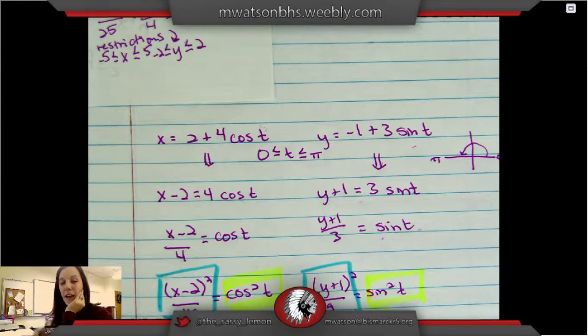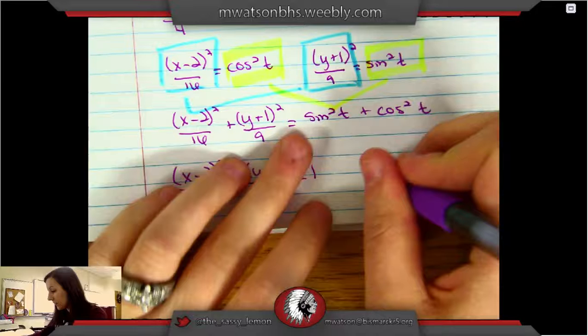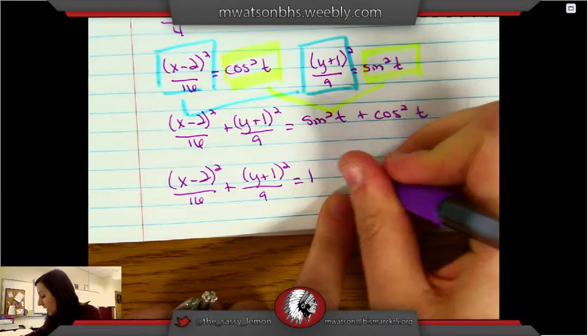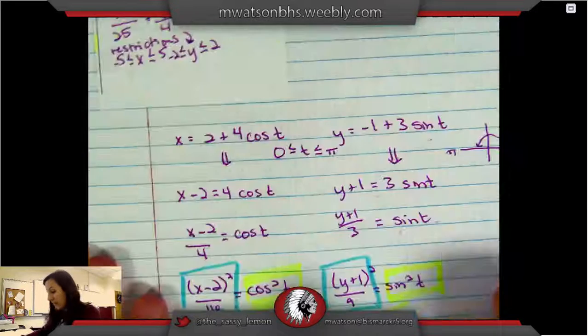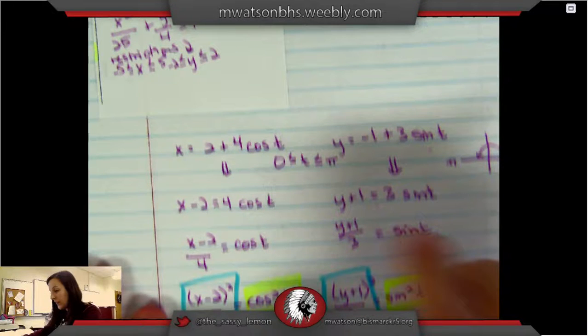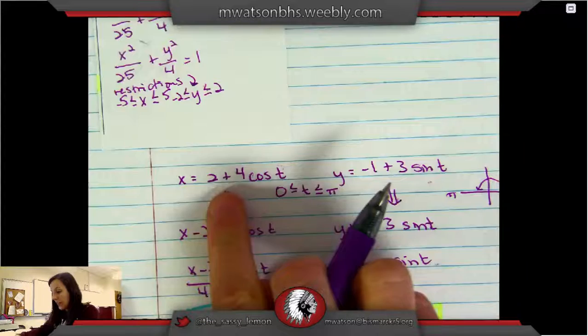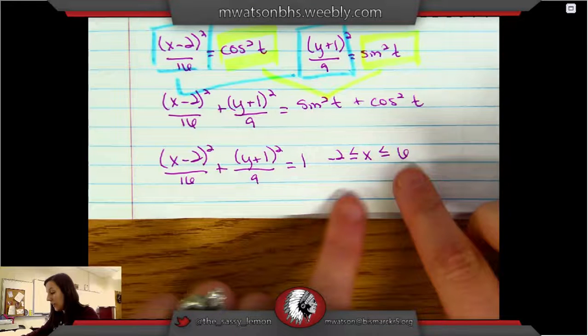So x is greater than or equal to -2 all the way up to 6, because you've got your vertical shift plus your amplitude and minus your amplitude, and that gives you the two values that it oscillates between.